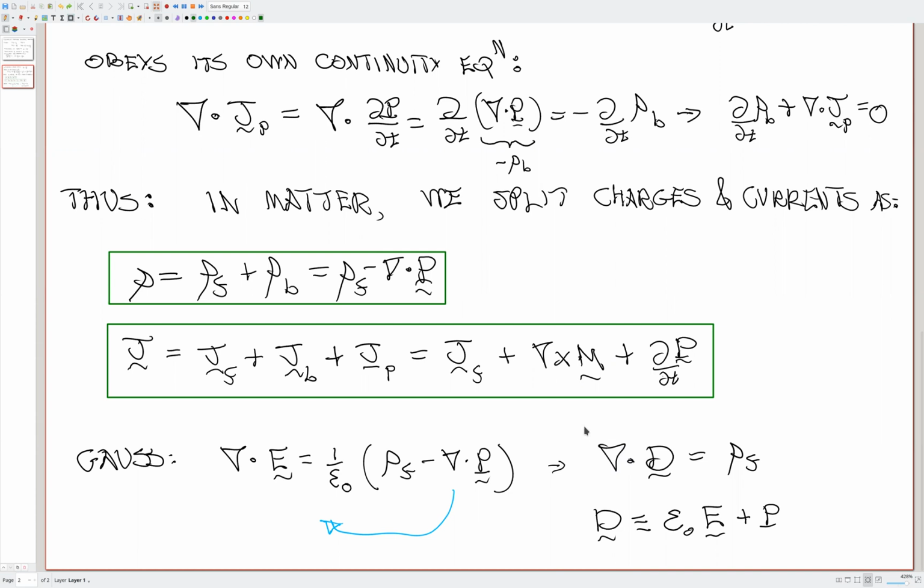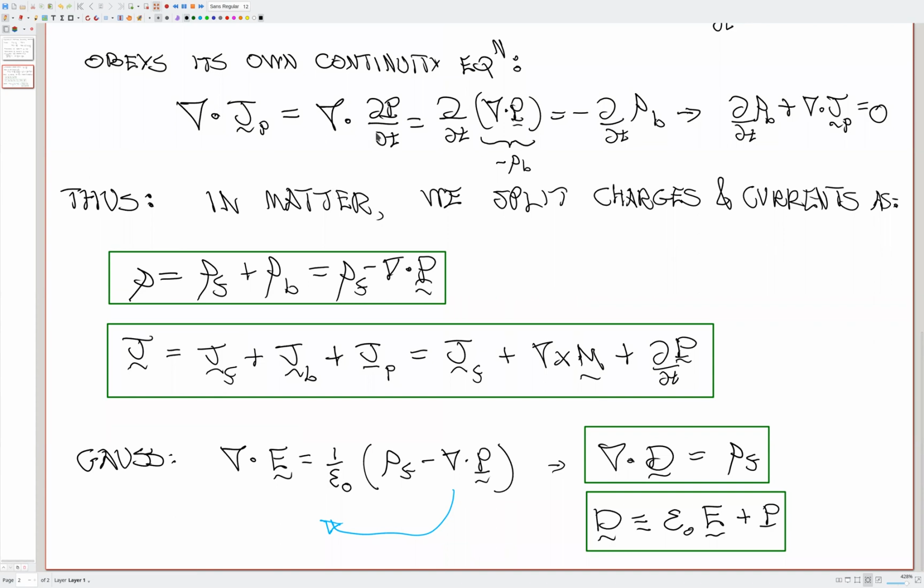We've seen this equation, but this is now the first Maxwell equation in matter that we'll want to carry. We've already seen this one.